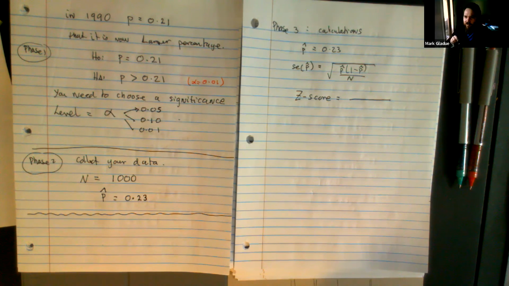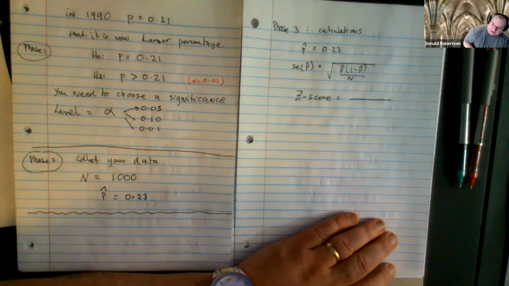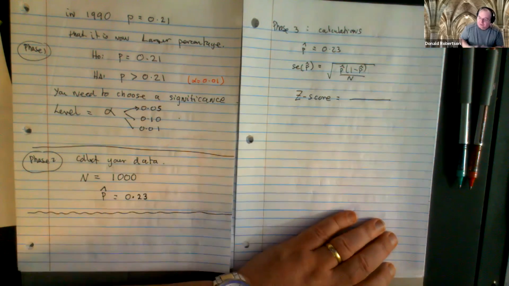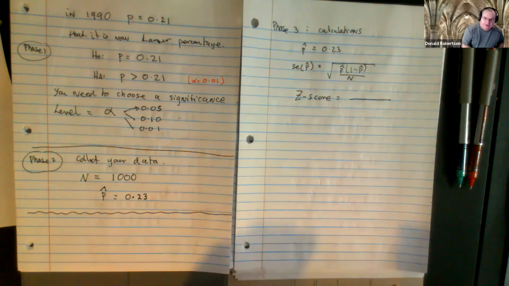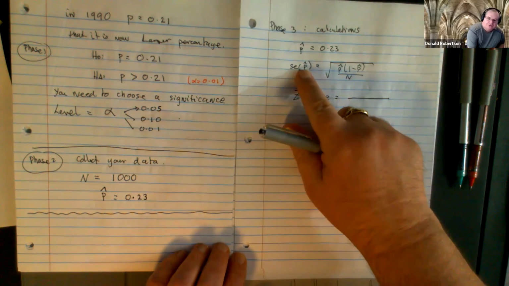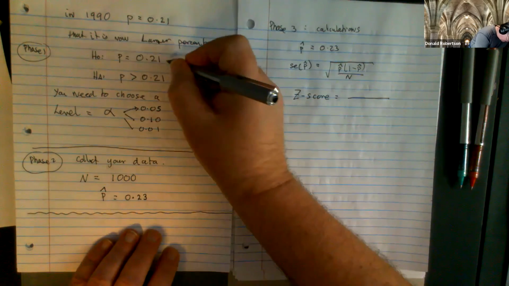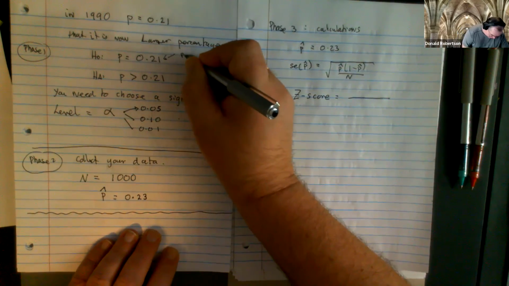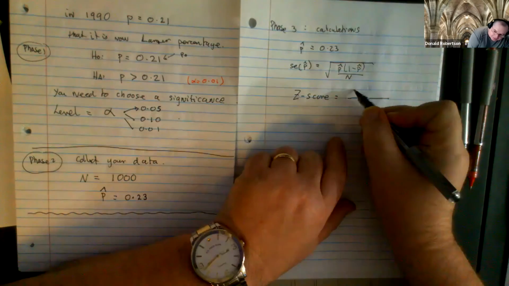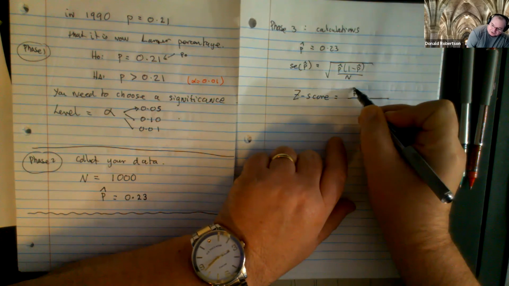It's x minus the mean over the standard deviation. That is correct. That's the general version. But in this case, I want you to use standard errors and p-hats and p-naughts. So p-hat, which is your data.